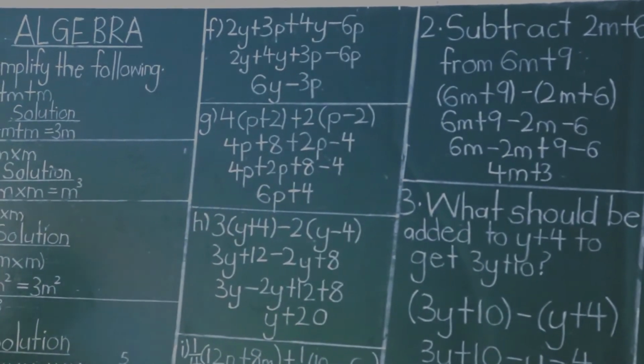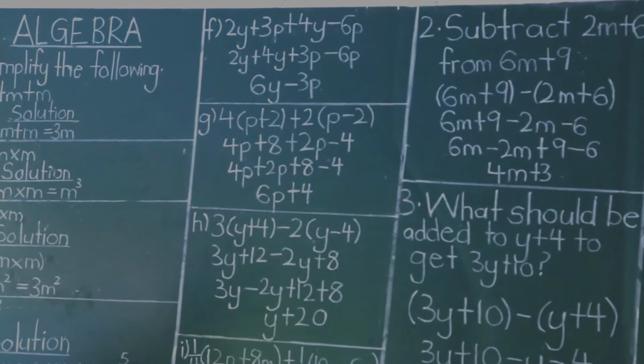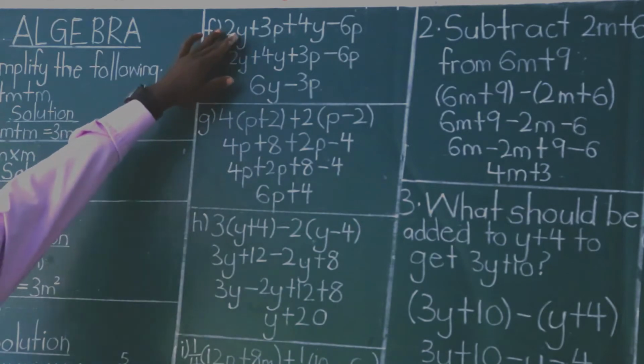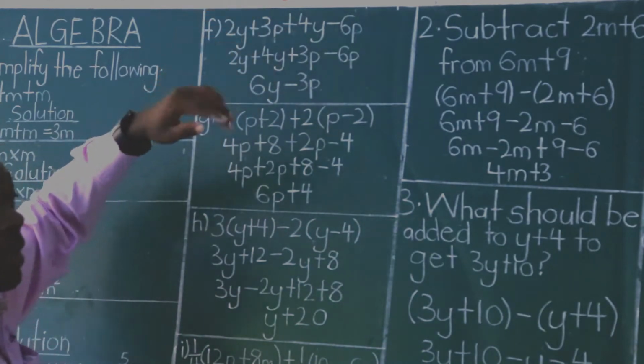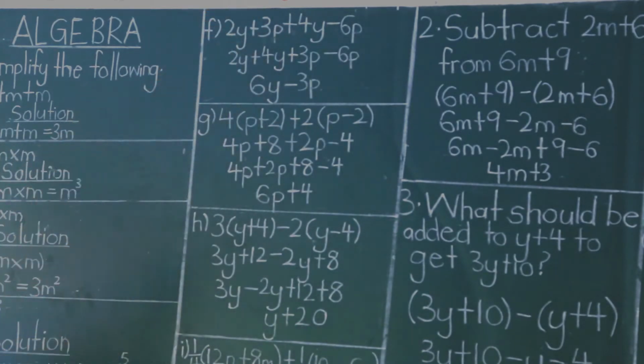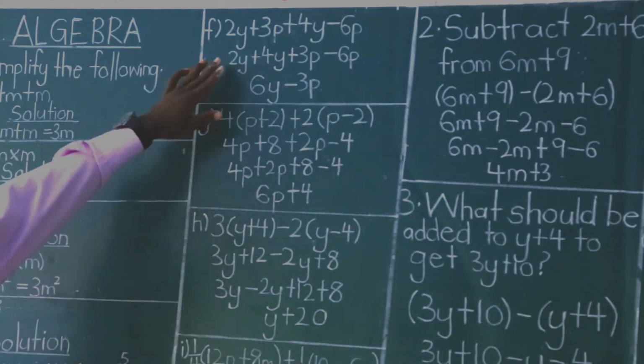Here you are supposed to first collect the y's together and the p's together. That is what's called collection of like terms in algebra. So we are going to collect the y's together as well as the p's together before we actually simplify.